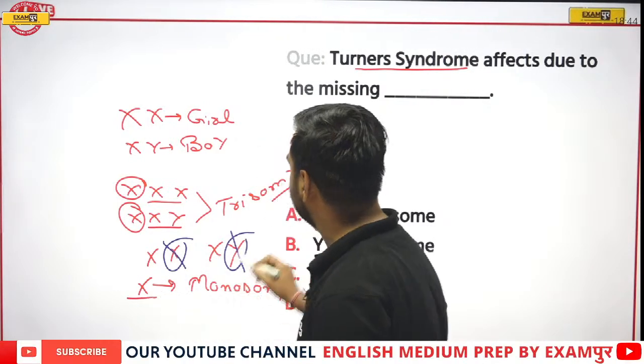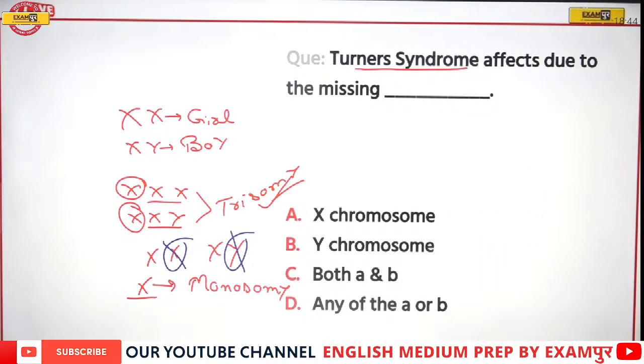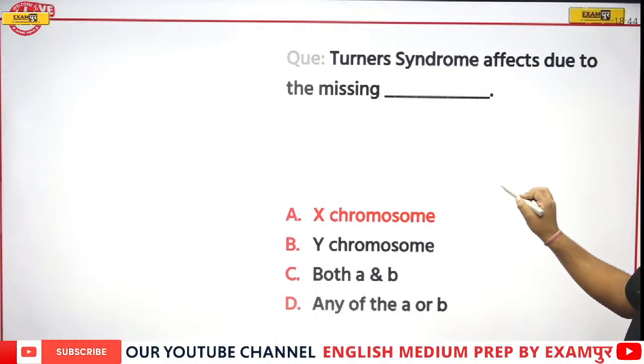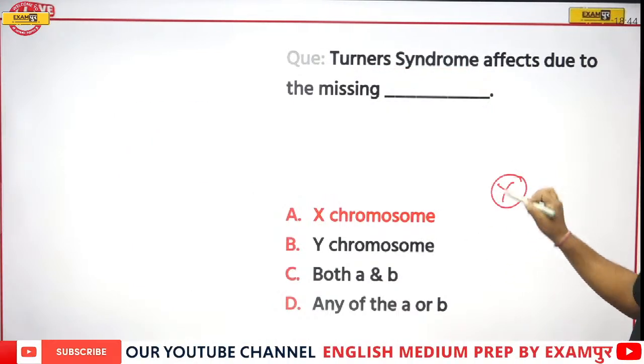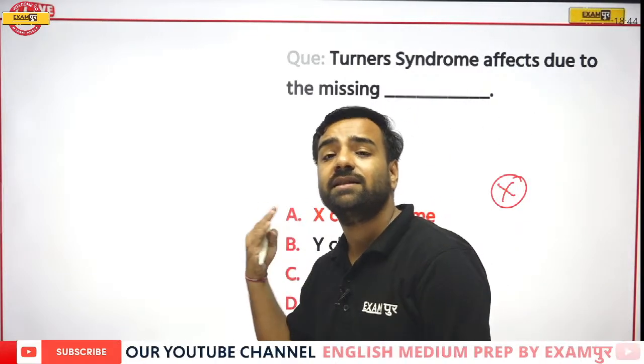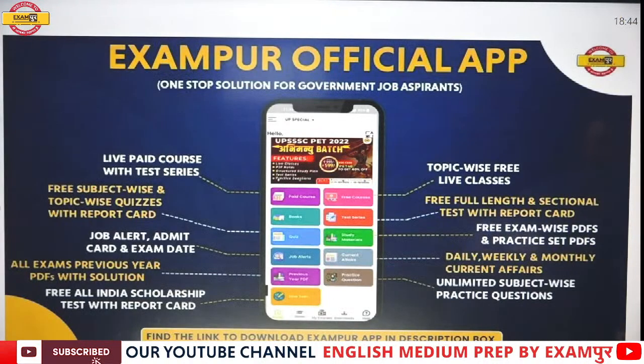So these are 3 quite different conditions. When we talk about Turner syndrome, there's a missing X chromosome, that is, only a single X is left, and this is monosomy, which is your Turner syndrome. So yes, here option number A would be correct.